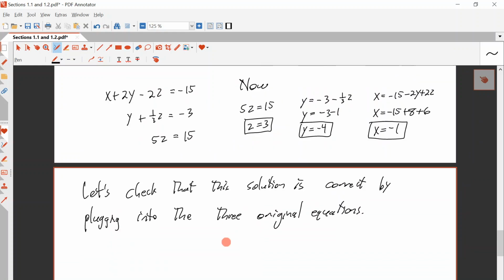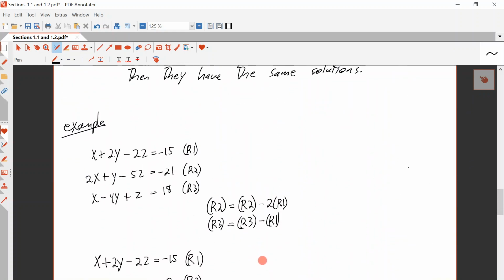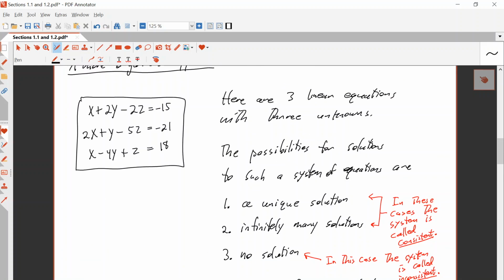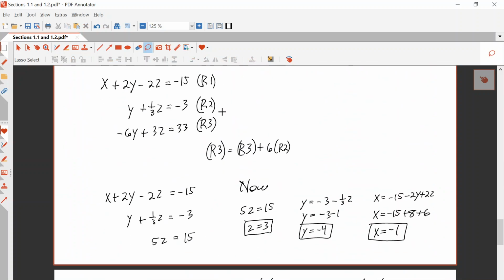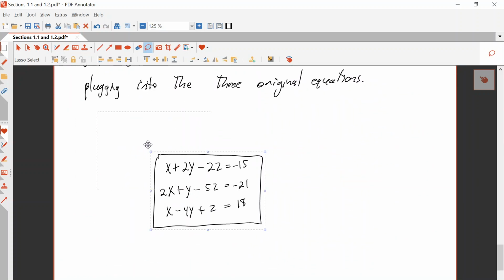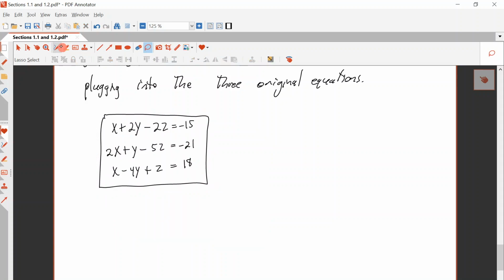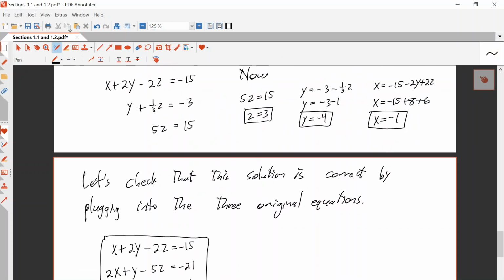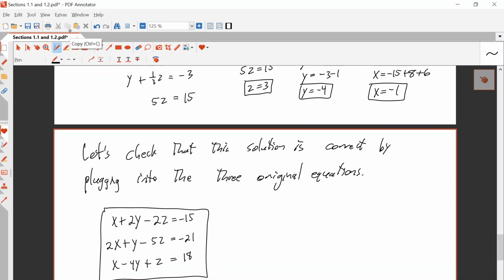All right, so what were those original equations? Here they are. So let's plug those numbers in and just double check that we got the right solution. So z is 3, y is negative 4, x is negative 1.